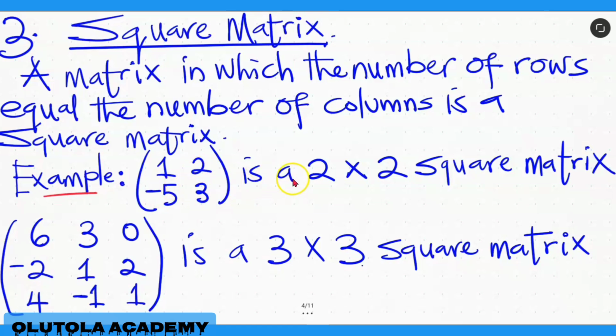So this makes this a 2 by 2 square matrix, because it has the same number of rows and the same number of columns.